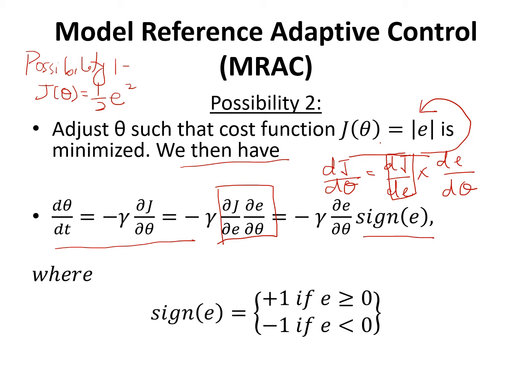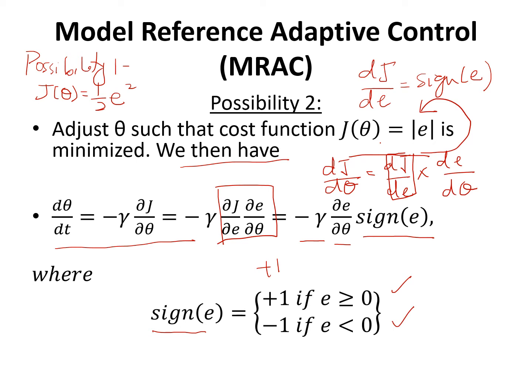So we get d theta over dt is equal to negative phi de over d theta times sign e, where sign e is equal to positive 1 if e is greater or equal to 0, and negative 1 if e is less than 0.